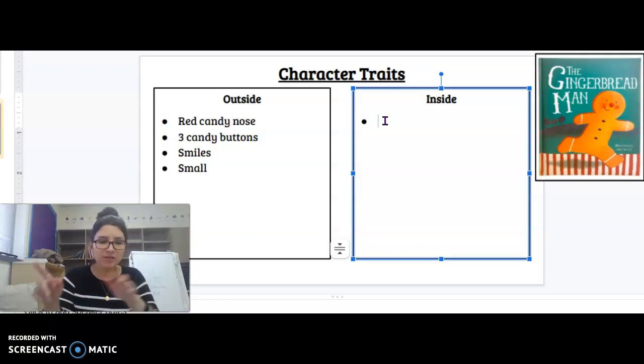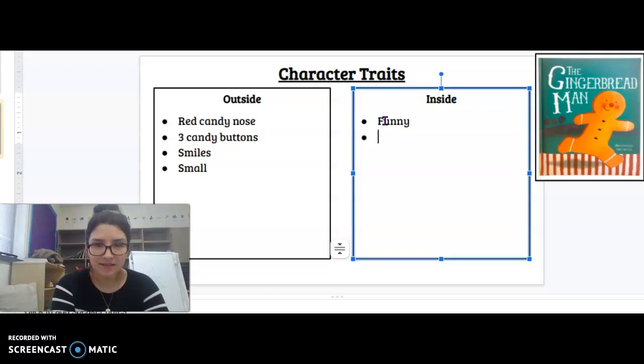He just jumps off the little, the table and takes off running. He's kind of a funny character, right? So he's funny. What else? I think he's kind of silly. Funny and silly are very similar. So funny, silly. Funny and silly, they kind of mean the same thing.